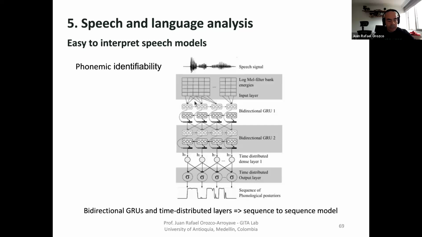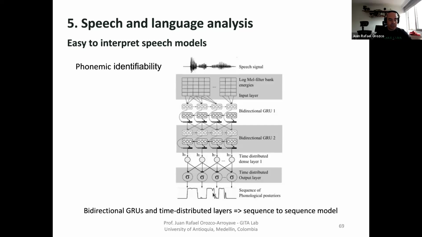So then we thought of creating what is called a sequence-to-sequence model, in this case based on gated recurrent units. So we trained the system based on log-mel energies, and then we trained two bidirectional GRUs. And then in the end, what we got was the probability of a certain phoneme to be, quote-unquote, correctly produced. So we trained a network with a set of reference healthy speakers.